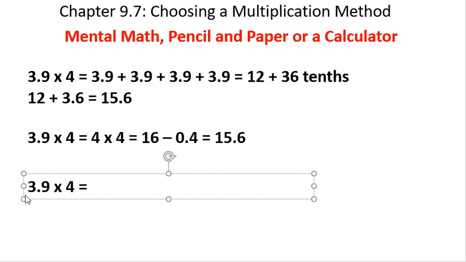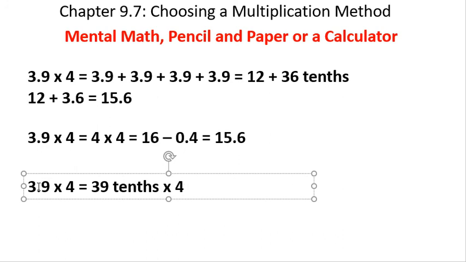I could change my 3.9 into something equivalent, which might make it easier for me to multiply. So I could call this 3.9 as 3 ones 9 tenths. Or I could rename my 3 ones into 30 tenths. So if I have 30 tenths, I could say now this is like 39 tenths times 4.